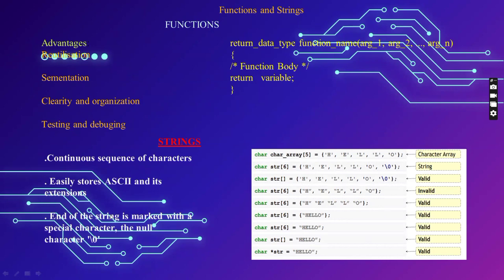The end of every string is marked with a special character, the null character, which is a backslash and 0 in inverted commas or quotation marks. So these are the various types of declaration of a string.